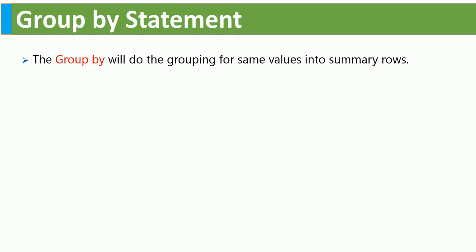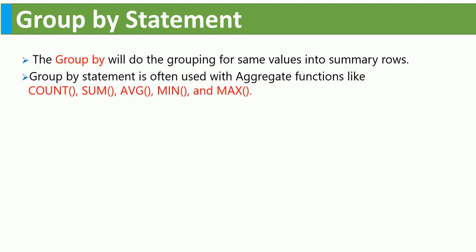You can group them and calculate how many entries have the same name. The GROUP BY statement is often used with aggregate functions like count, sum, average, minimum, and maximum. So you have to use your GROUP BY command with the aggregate functions.